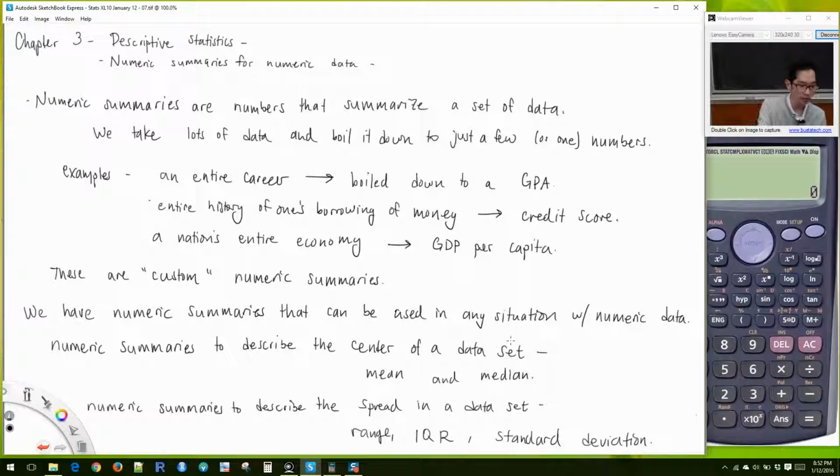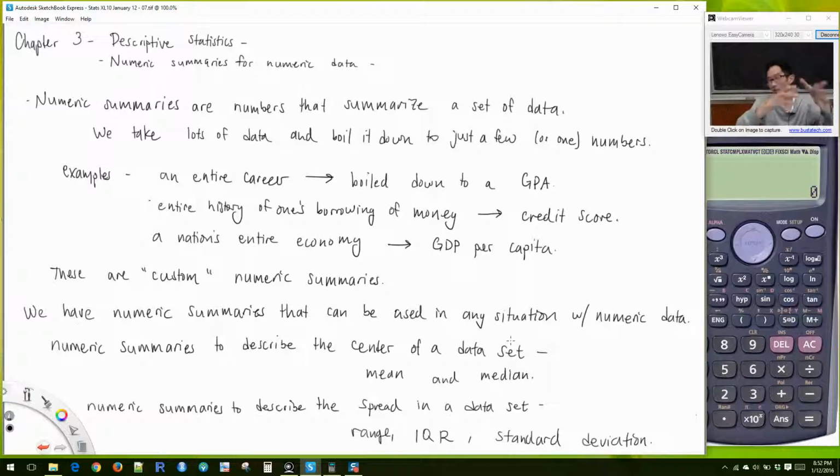But again, don't lose sight of the big picture, which is these are just ways for us to take a lot of data, a lot of information, and boil it down to just one or maybe a few of these numbers, okay? And the reason why we want to boil it down to just one or a few numbers is so we can kind of make quick comparisons from data set to data set. Okay, so maybe we have a sample of data that represents one group of people. We have another set of data that represents another group of people.